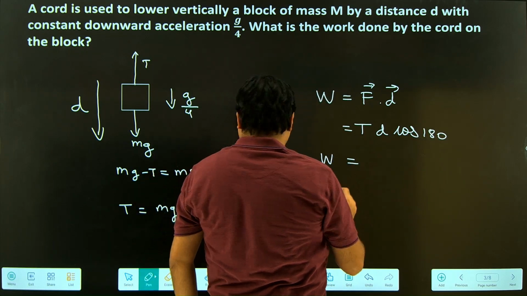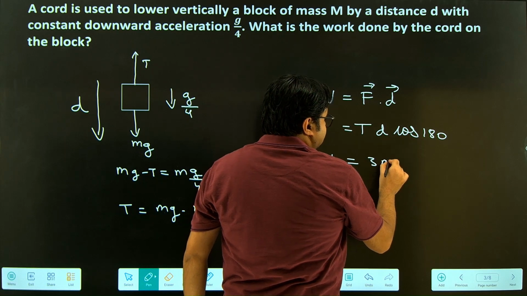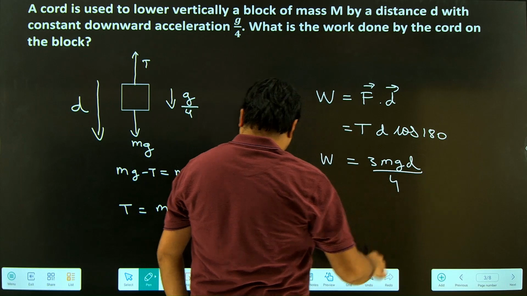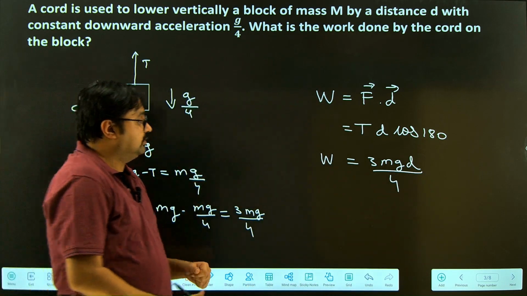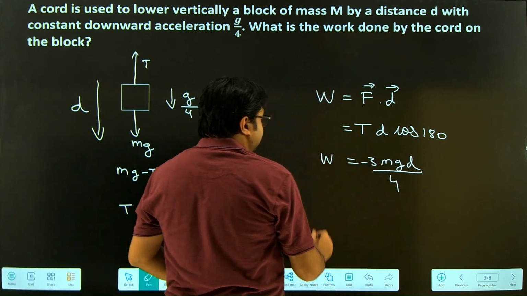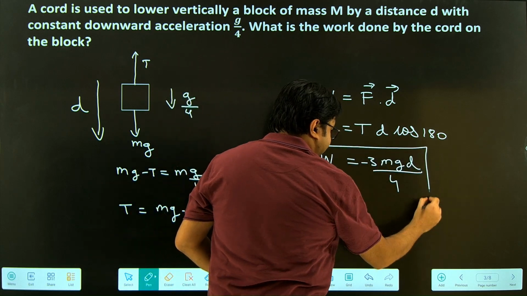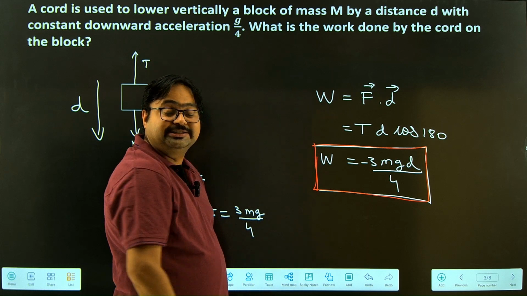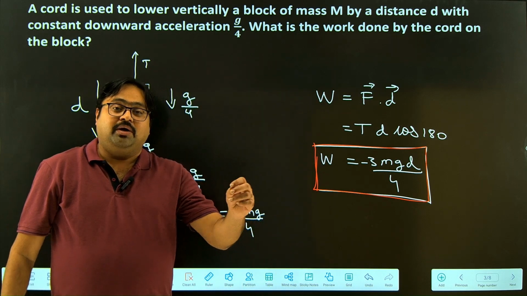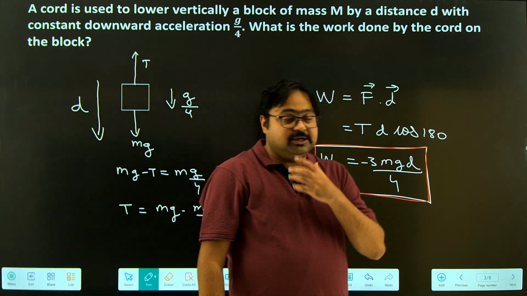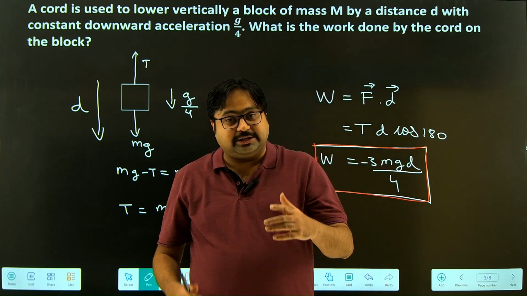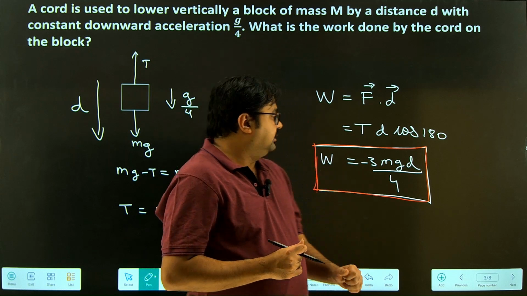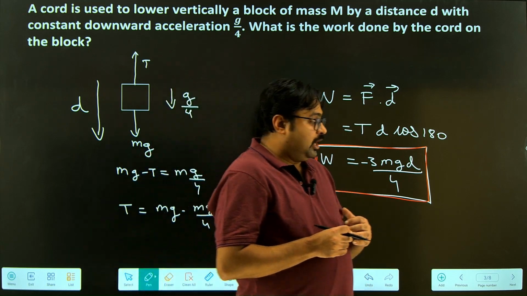The work done would be equal to T, which is 3mg by 4, multiplied by d, times cos 180, which is minus 1, so the work done is minus 3mgd by 4. This question is as simple as this. So when you know how to apply the work energy theorem and how to calculate the work done, this is a very simple question, and this is how you would do it.